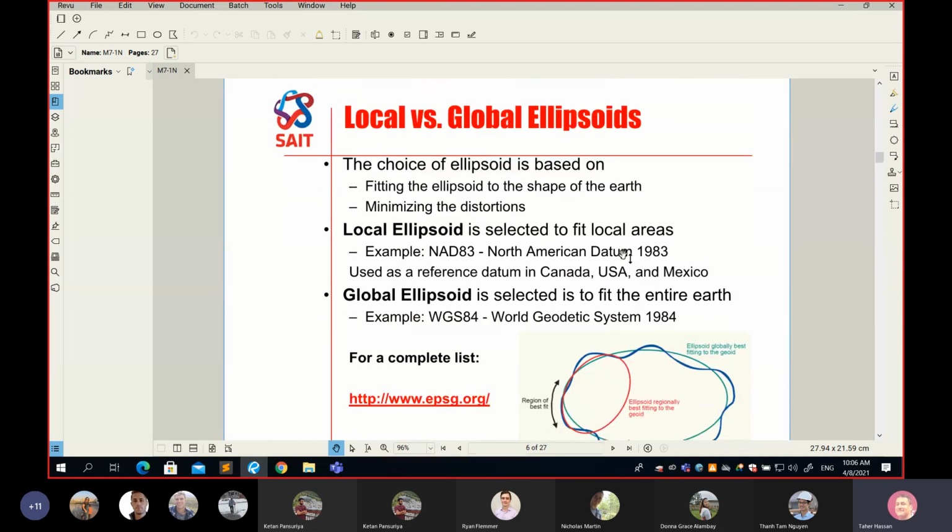When it comes to ellipsoids, we said we have so many of them. Some of them are local; they are a best fit of the Earth in only a certain area. For example, one very famous ellipsoid is NAD 83, short for North American Datum, established in 1983, which is a best fit for North America, as the name suggests.